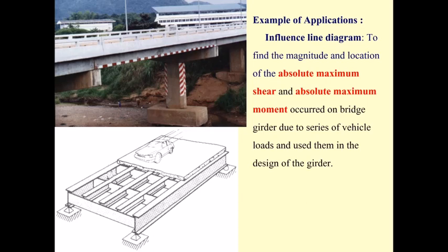Also the bridge, the car can move along the bridge. So the weight applied to the structure will change with the position of the car, and how we place it makes the shear absolute maximum, and also the moment absolute maximum.